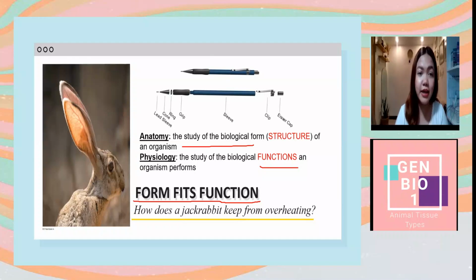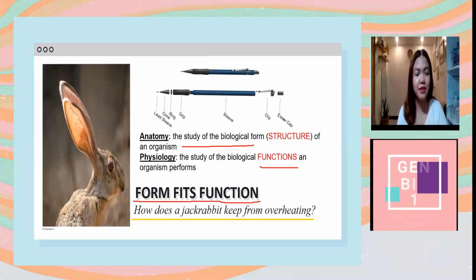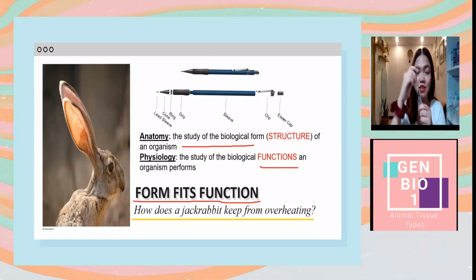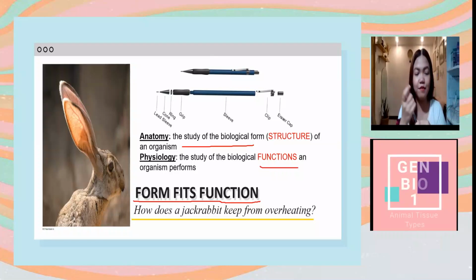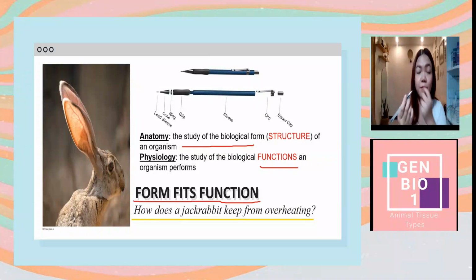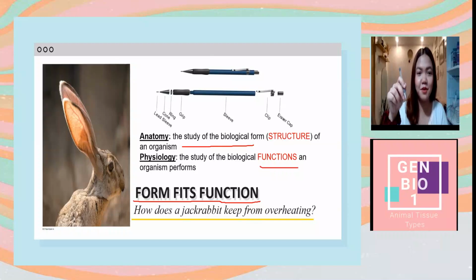So for example, again, your mechanical pencil. It is tall and has this shape. All our pencils and pens have this kind of form: long and skinny, and it has a grip. So your fingers can easily hold it whenever we use it for writing.